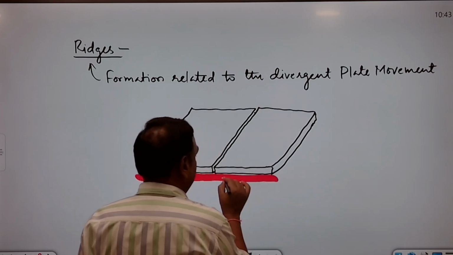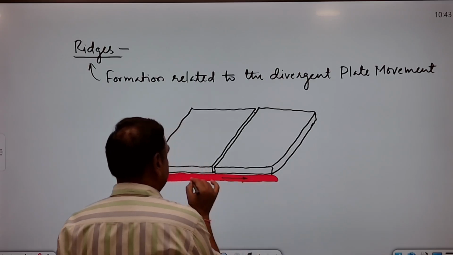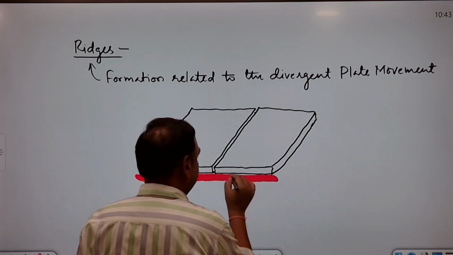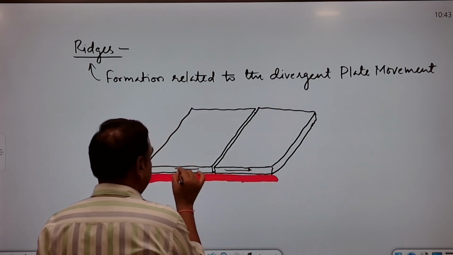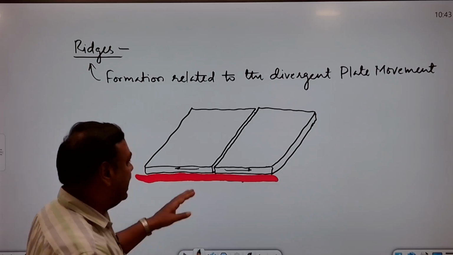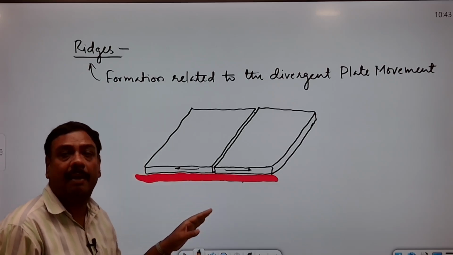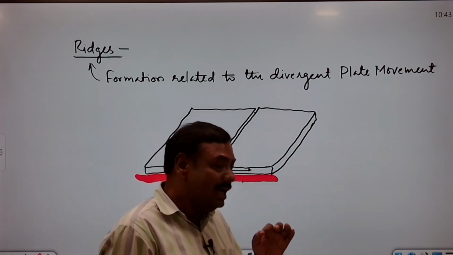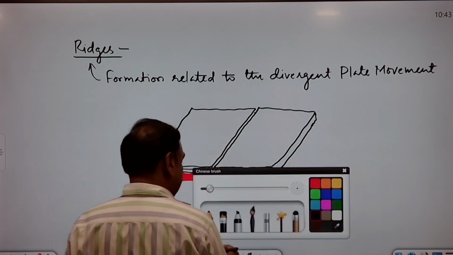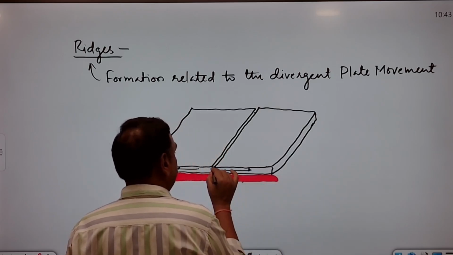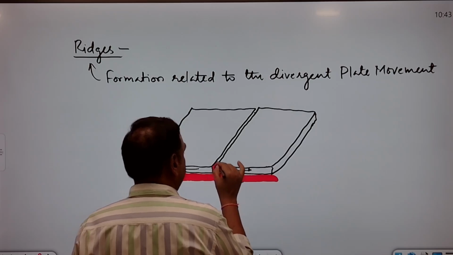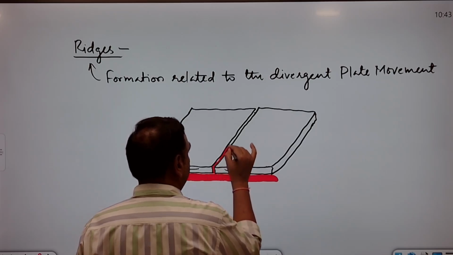This plate is moving in this direction, this plate is moving in this direction, and another plate is moving in this direction. When this happens, you can consider here that the magmatic material may come out from this gap, okay?